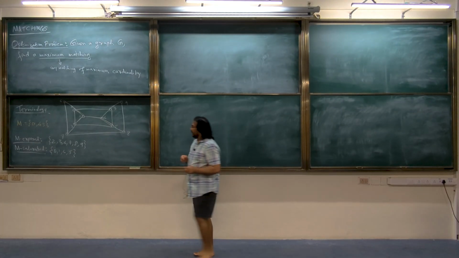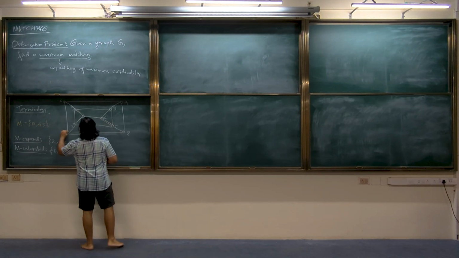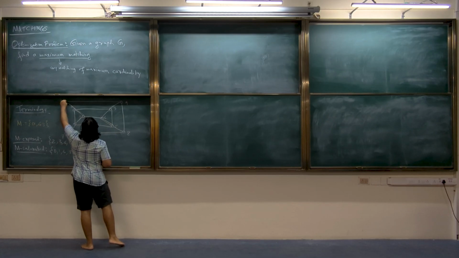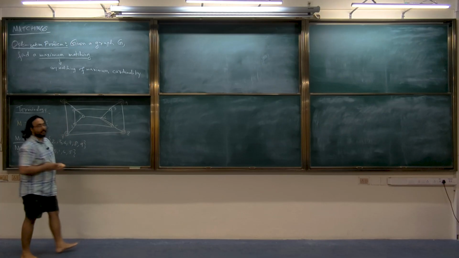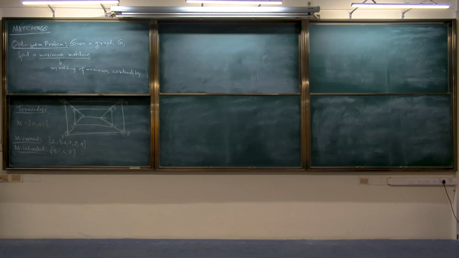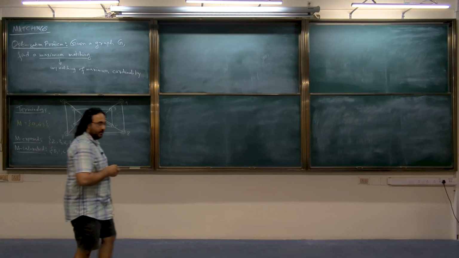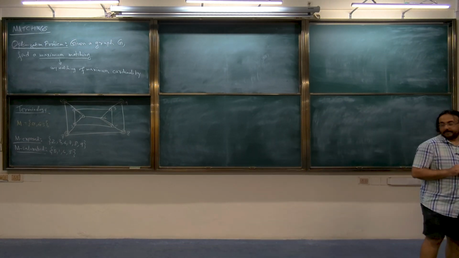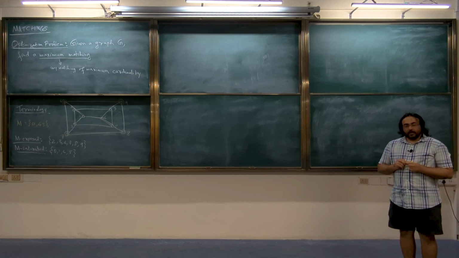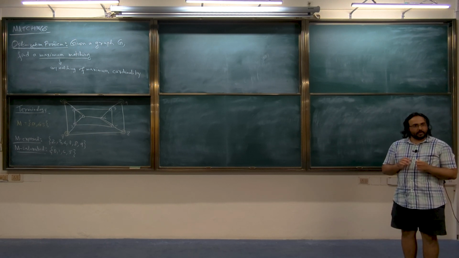I like to put a yellow colored circle around the exposed vertices. So the yellow circle vertices are the M exposed vertices, and M itself is the yellow edges, and those ends are saturated.